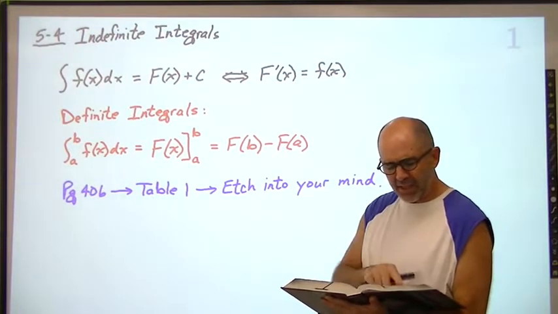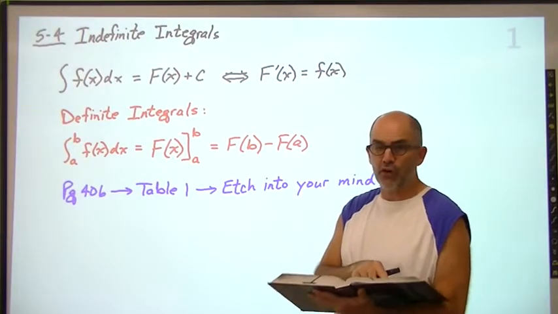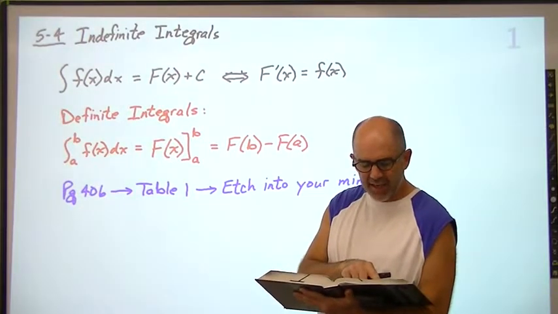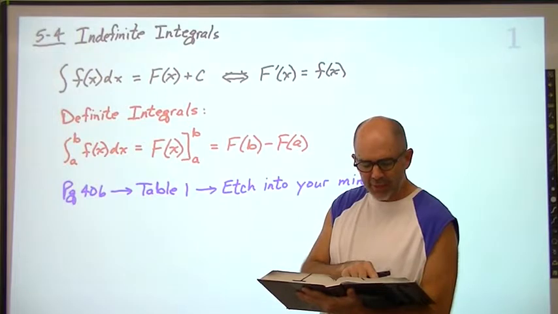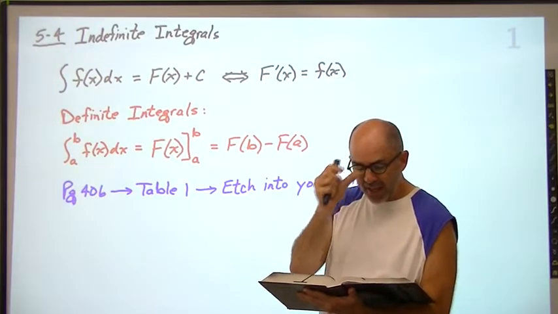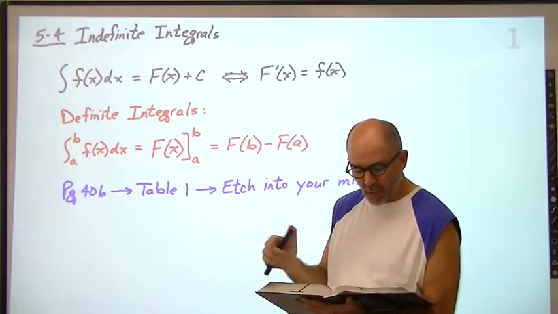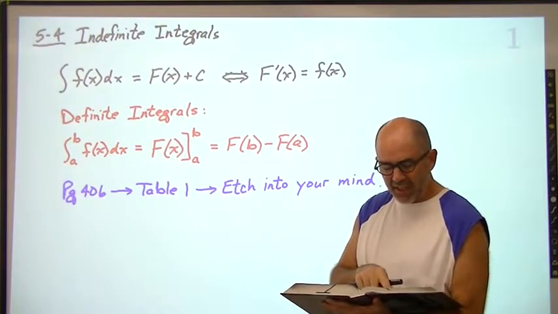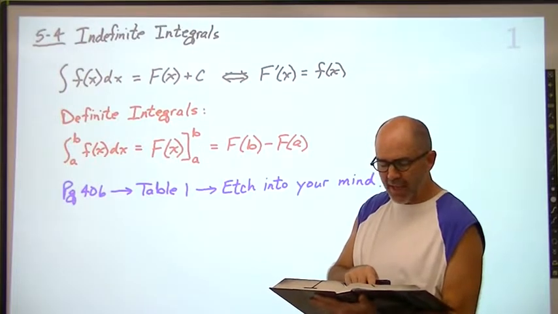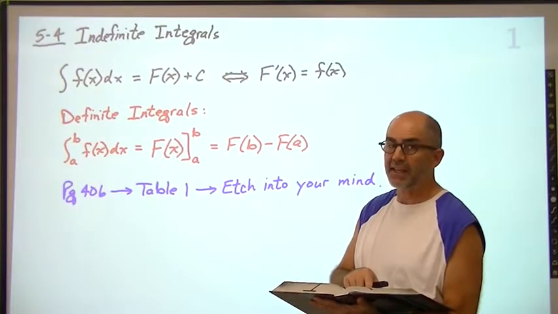And that basically is the power rule in reverse. So when you're integrating x to the n, then you get x to the n plus 1 over n plus 1 plus c. Now notice that only works when n is not negative 1. Because if n is negative 1, then you have the integral of 1 over x, which is natural log absolute value of x plus c.